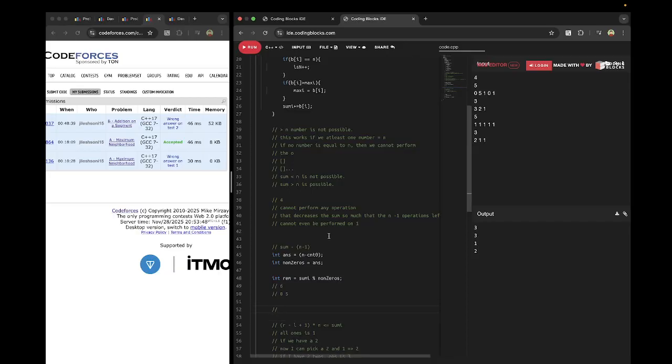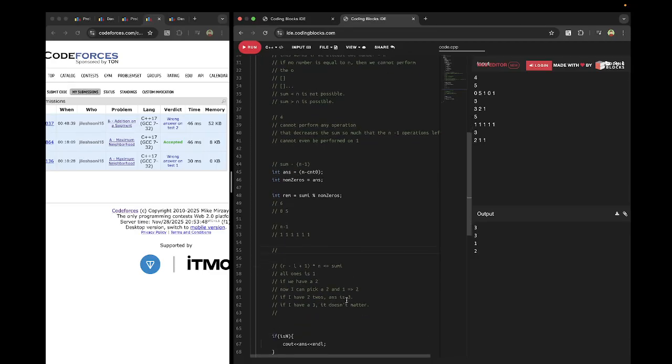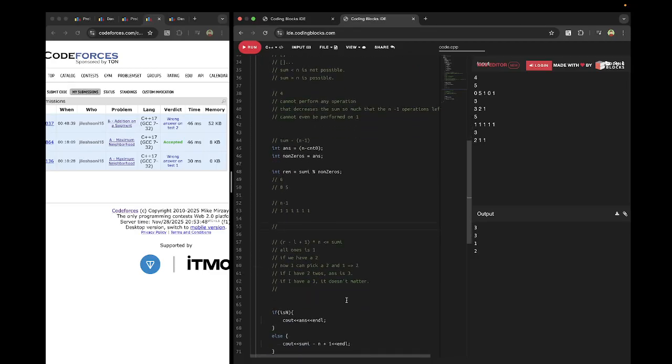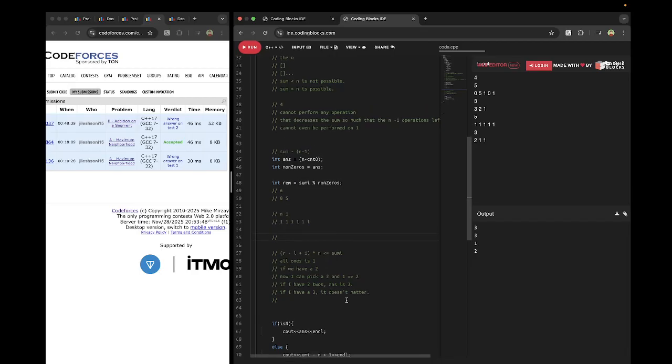The reason I was saying n minus 1 is fine is because if we have n minus 1 sum remaining, then we can just do it 1 1 1 1 1, right? But it looks like that's not the case.